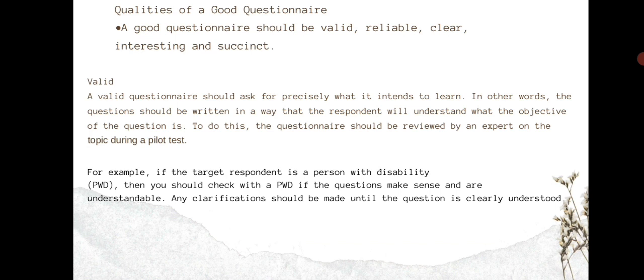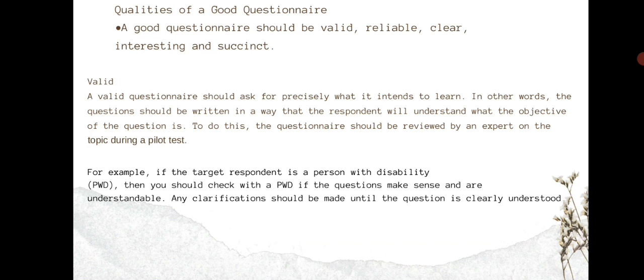Valid. A valid questionnaire should ask for precisely what it intends to learn. In other words, the questions should be written in a way that the respondent will understand what the objective of the question is. To do this, the questionnaire should be reviewed by an expert on the topic during a pilot test.